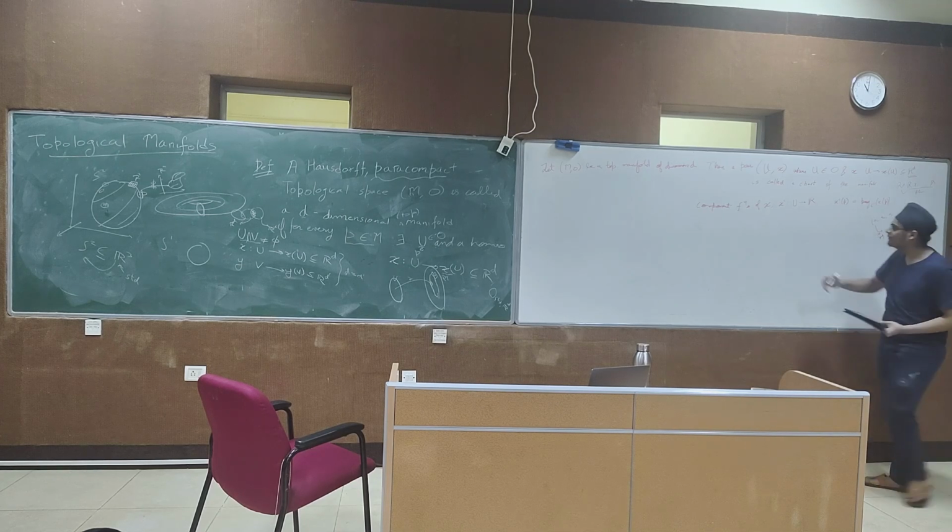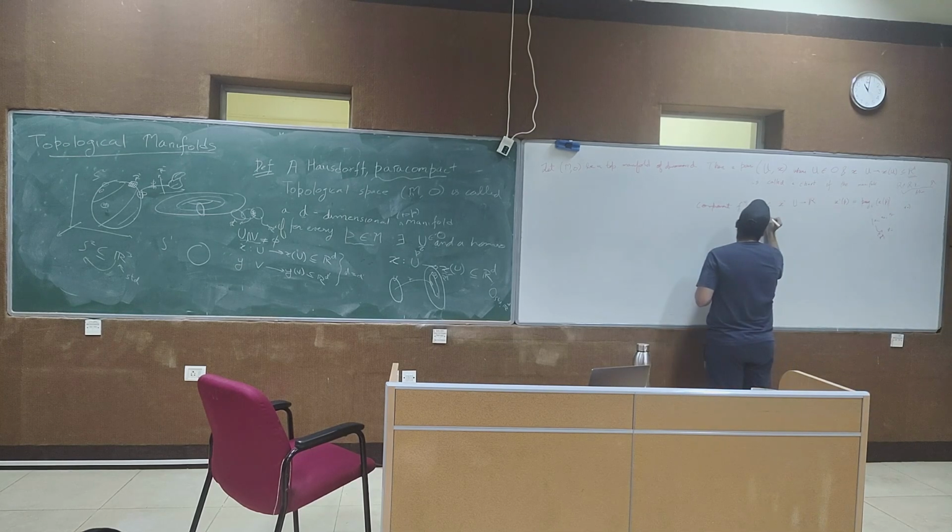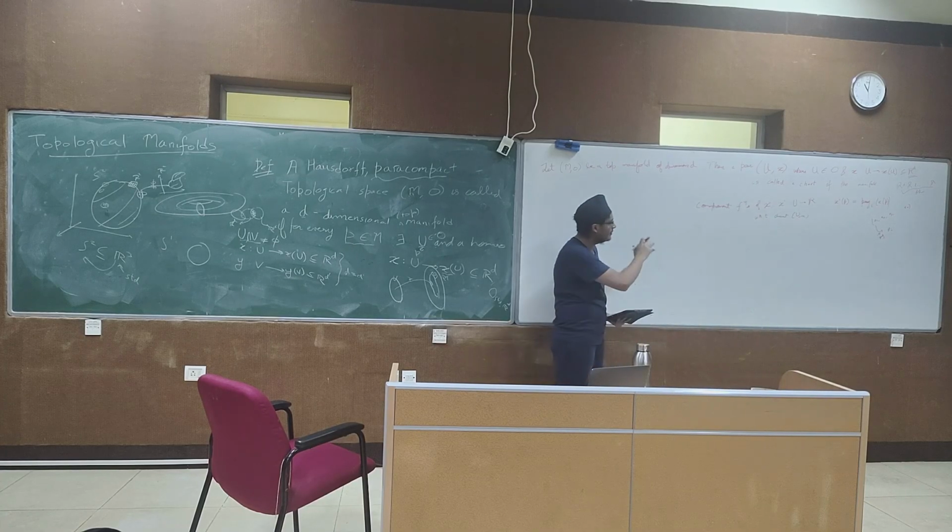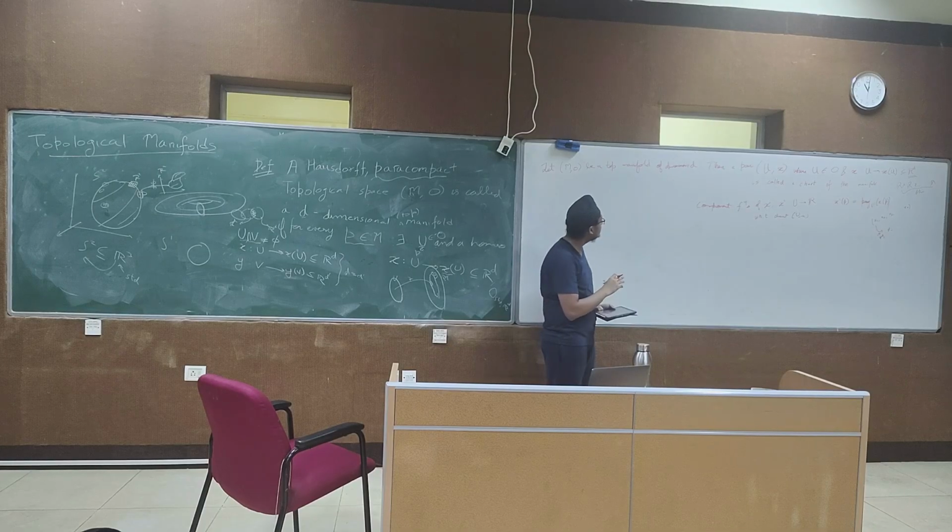Note that this is with respect to the chart (U, X). So this notion of components is not independent of the chart. It depends on what chart we are using to map the point P.